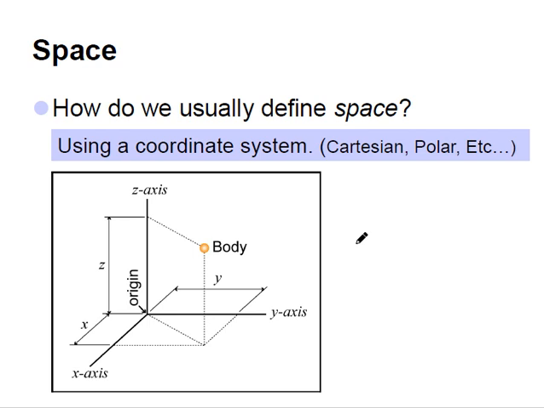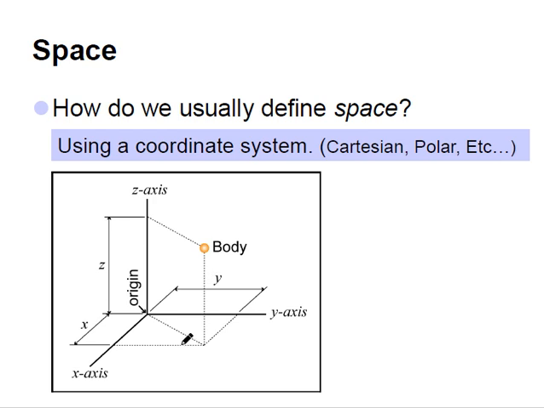Since we narrow the space that we are studying, we call that a region, and in dynamics we study the objects in that region systematically. In order to do that, we have to define that space mathematically, and we use something like this. This line crosses that line and that line crosses this line, so you have three distinct lines crossing at this point, and we call this a coordinate system, defining your 3D space around it.